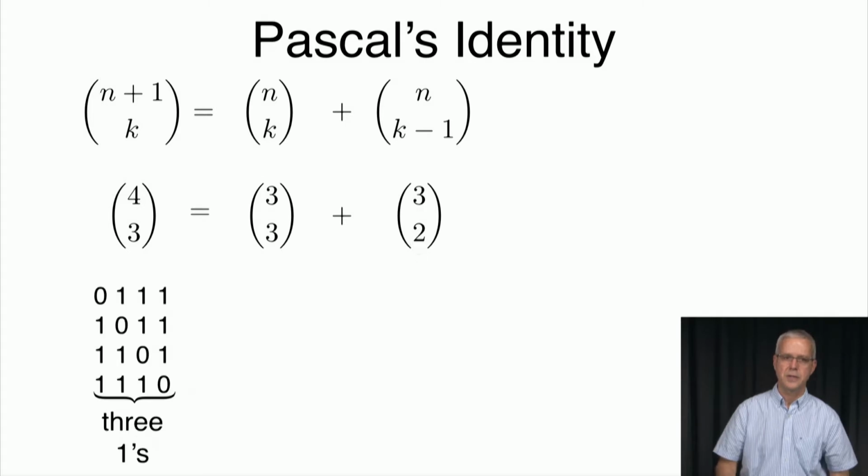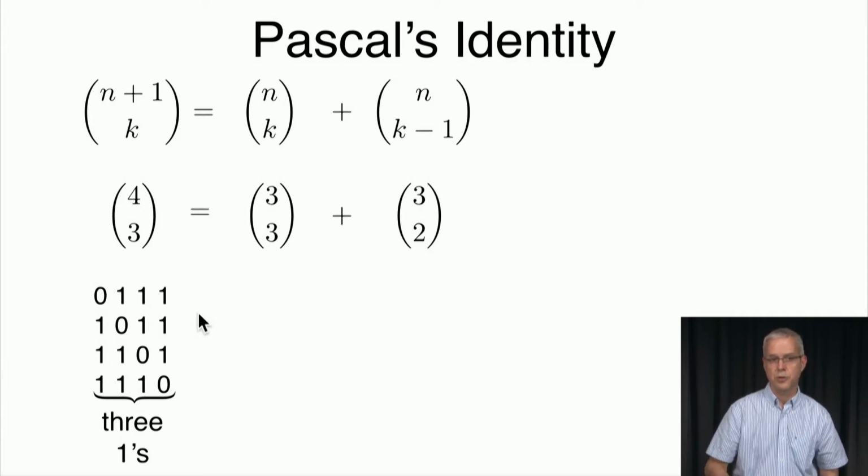Okay, and to see why that is so, observe that 4 choose 3 denotes the number of sequences of length 4 with 3 ones. So here we have all binary sequences of length 4 with 3 ones, and we can decompose this collection of sequences into two smaller subsets.